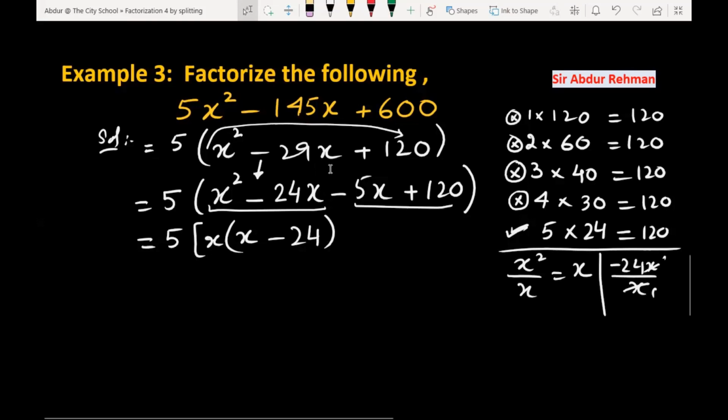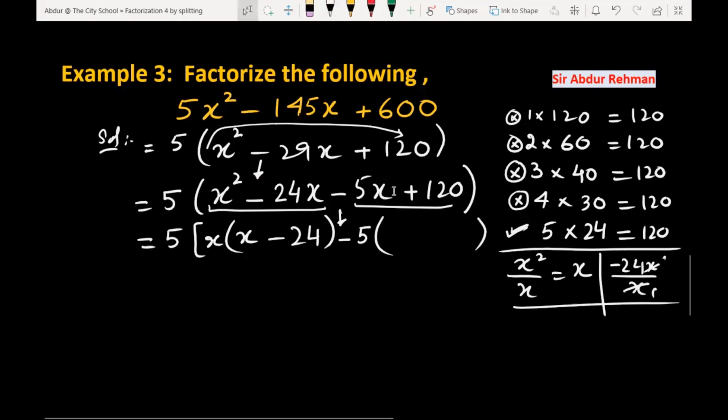For the next group, copy this sign minus, and the common is 5 here because 120 and 5 is divisible by 5. My negative 5 is common here.